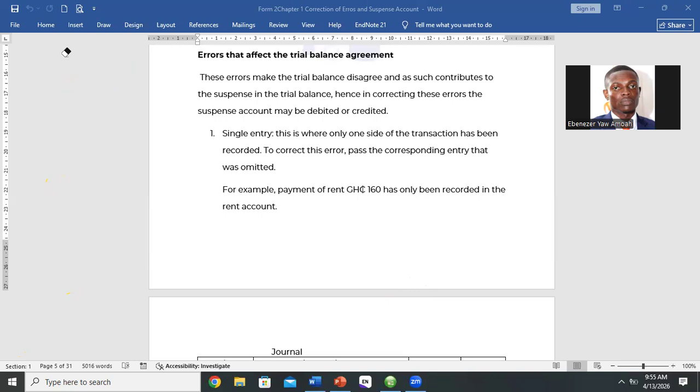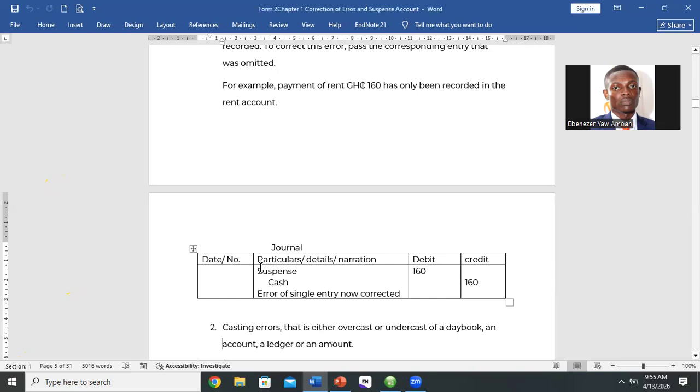When you do that, you would have to now remove whatever you put in suspense there. So another corresponding entry will go to where? The suspense account. So in this example, if you were to prepare your journal, you debit suspense 160, and then you credit the cash 160. And I think I've used the T account to make you appreciate.